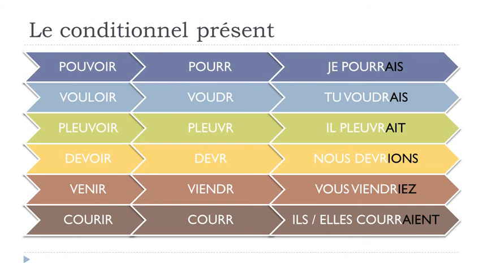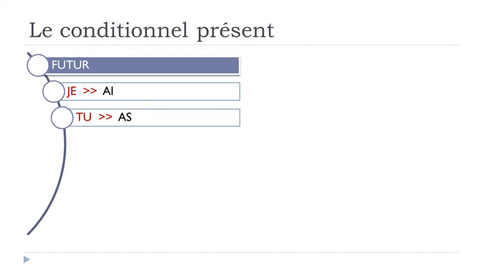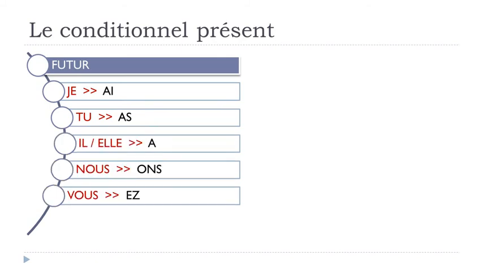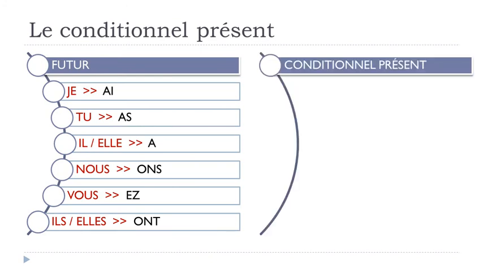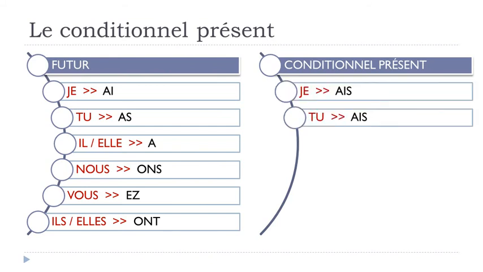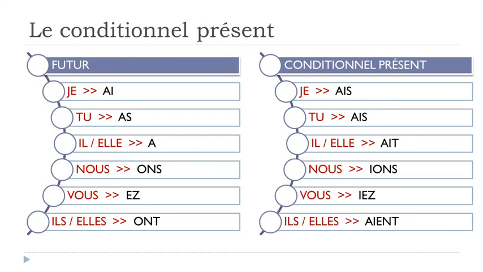All right, so it was the first thing regarding the conditionnel présent, and as I said, it's quite close to the future, so the important thing is to remember that the endings for the future are AI, AS, A, ONS, EZ, ONT. But for the conditionnel présent, they were AIS, AIS, AIT, IONS, IEZ, AIENT.